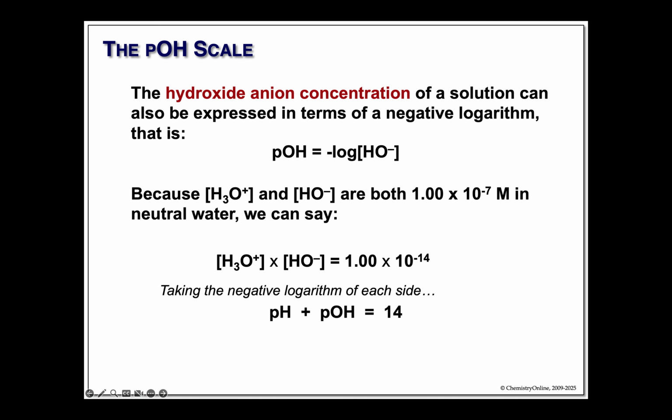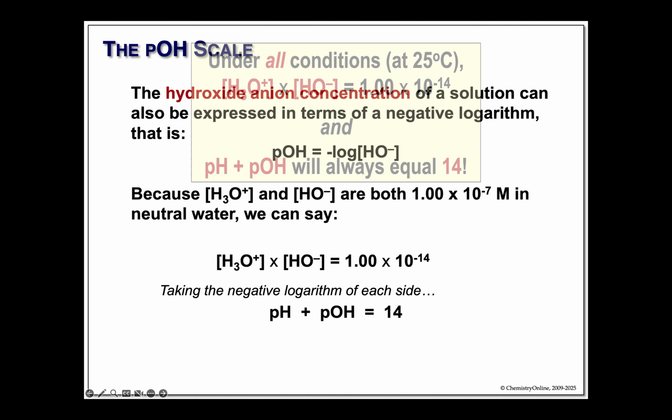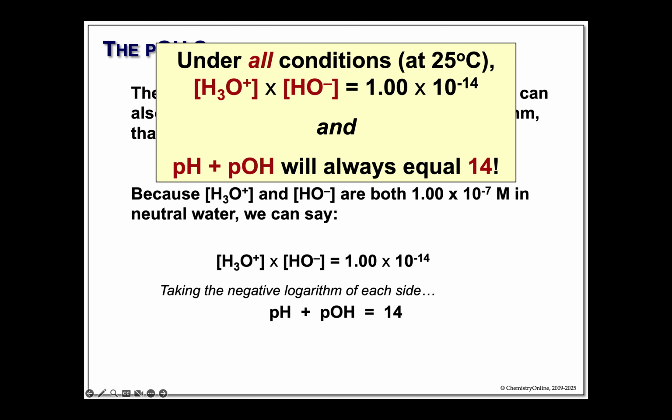Negative log here, log would be minus 14, negative log is 14. We get a relationship. pH plus pOH is 14. Under all conditions at 25 degrees, pH plus pOH will be 14. Hydronium times hydroxide is 10 to the minus 14. Those are worth writing on your little card for the exam.